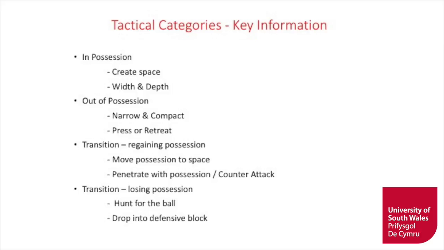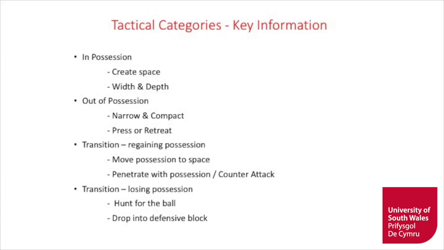So for this particular level of coaching aimed at working with young players, we want to keep the tactical framework quite basic and streamlined. So in possession, the key tactical points we want to look at is creating space and width and depth. Out of possession, we're going to look at a key focus of being narrow and compact.